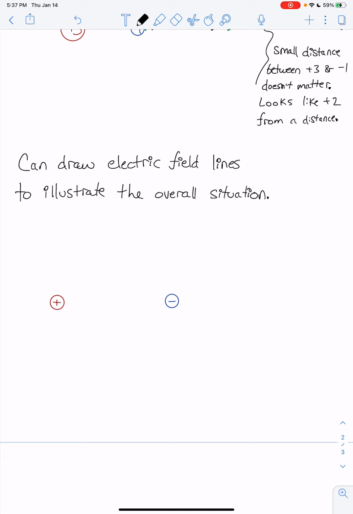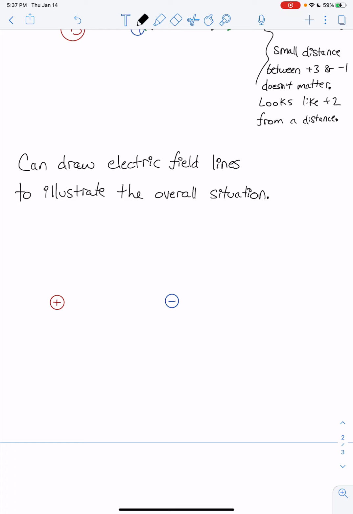They don't represent something that's physically real. Field lines are just going to be a way of getting a sense of what's actually going on. It's not actually going to be like a physical object. We could draw as many or as little as we want.